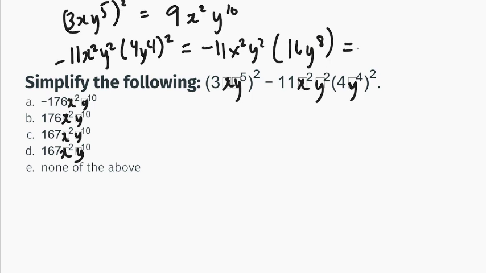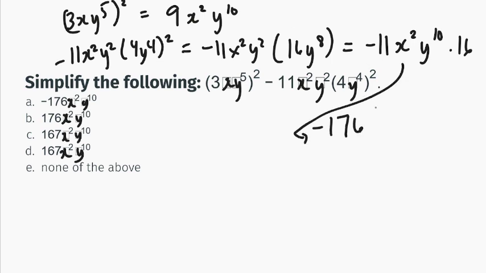And this will be equal to negative 11x^2y^10 times 16. Total, 16 times negative 11 is negative 176x^2y^10.